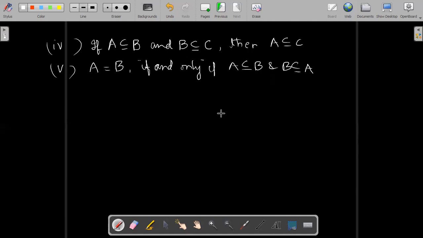Okay. Now subsets of the set of real numbers. What will be the subsets of the set of real numbers?